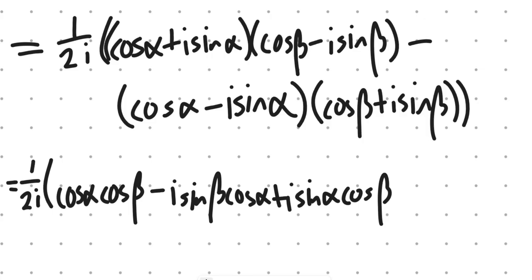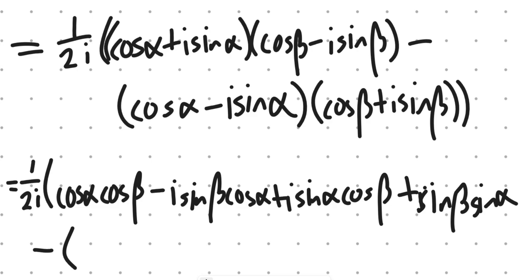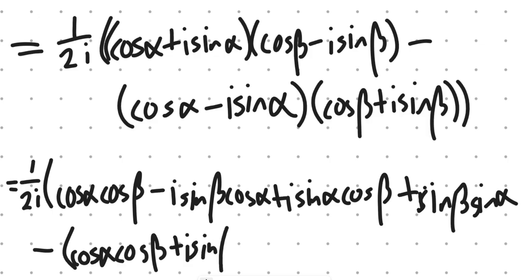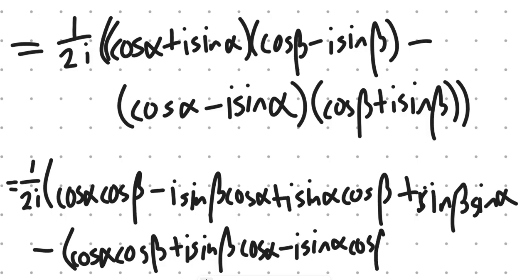Then minus I times I is plus sine beta sine alpha, minus, then we have cosine alpha cosine beta plus I sine beta cosine alpha minus I sine alpha cosine beta, then minus I times I, which is plus sine alpha sine beta.